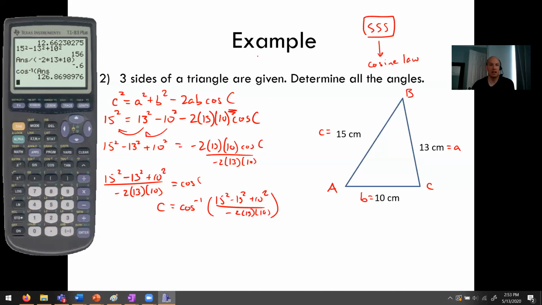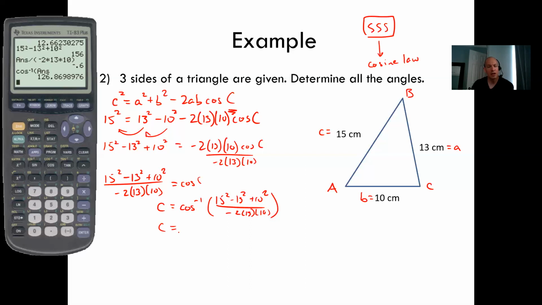And I get an angle of 126. So that's where I sit there and I'm going, okay, that's interesting. Now here's the funny thing about this. I feel like I might have made a little boo-boo somewhere, because why am I getting 126.869 degrees?